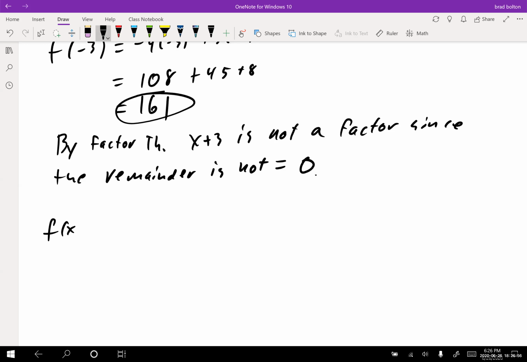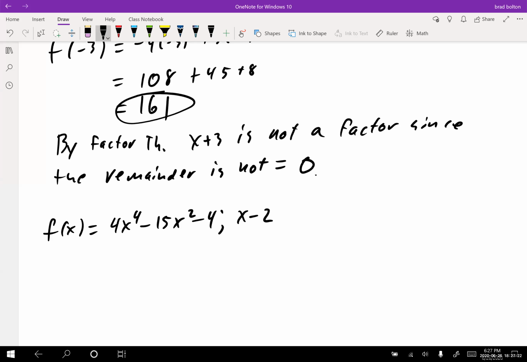So do f of x equals 4x to the 4th minus 15x squared minus 4 for x minus 2. So do the same thing that you did in the last one. Let's determine using the factor theorem and the remainder theorem if x minus 2 is in fact a factor.